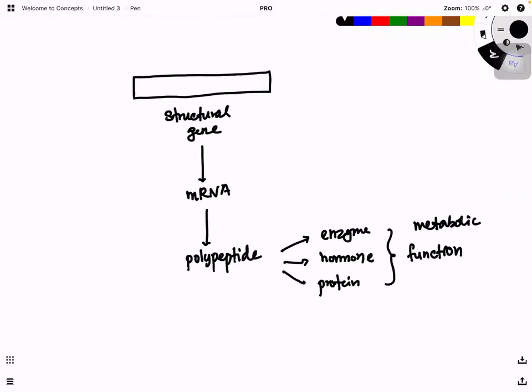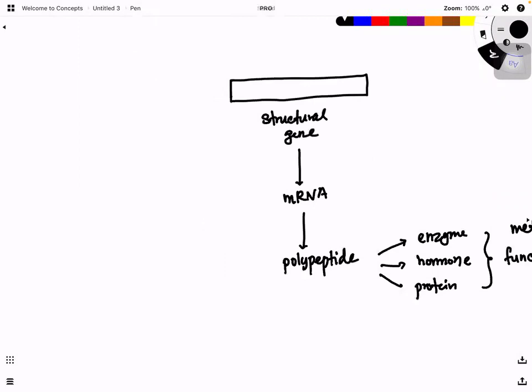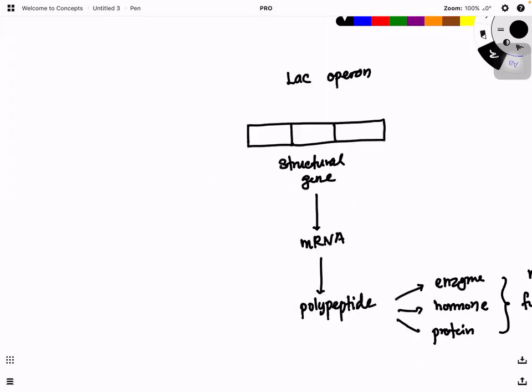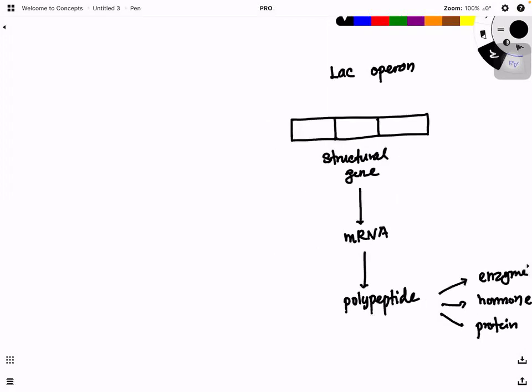Structural gene. Sometimes you may have a cluster of genes. For example, in the Lac Operon, you have 3 genes together. It means once we switch on, 3 genes are switched on together. So they are in a cluster. This is the structural gene. Now, for a gene to function, to be transcribed, they need what we call the promoter.